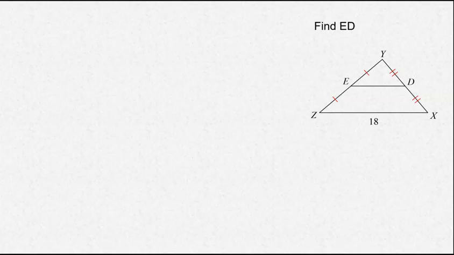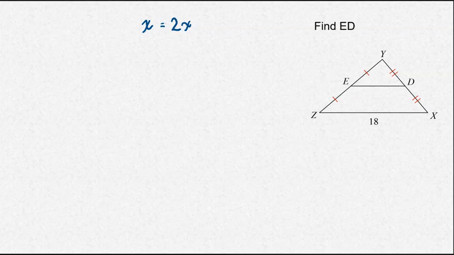I have not spoken about an equation, and I waited to get to this problem to do that. Oftentimes, the triangle midsegment theorem is presented as something like this, and I really don't care for that.